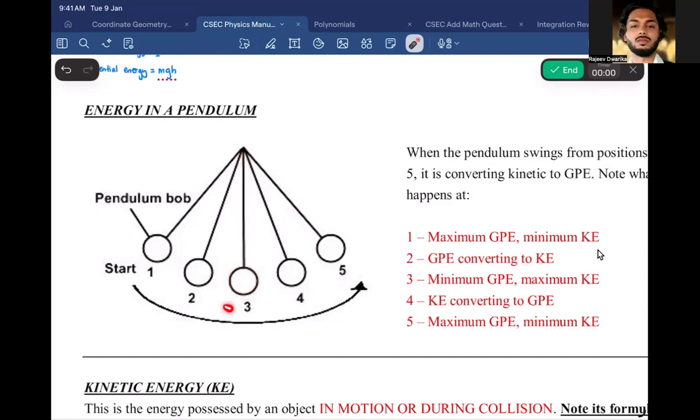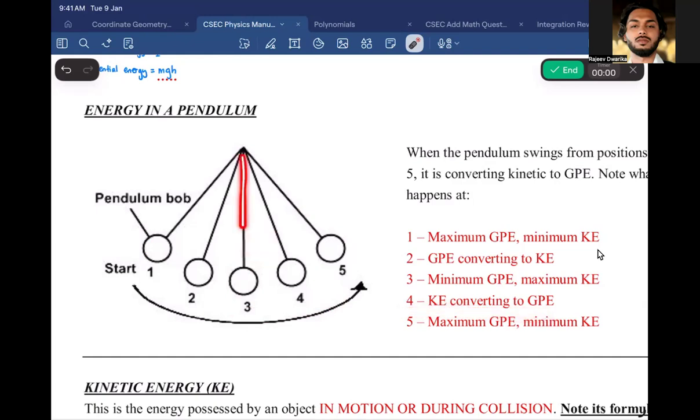And it would keep on swinging, right? So as soon as it swings past the resting position, it's going to get some distance away from the resting position, and it's going to start to build back potential energy. So that's why in stage four, you're seeing the kinetic energy being converted to potential energy.